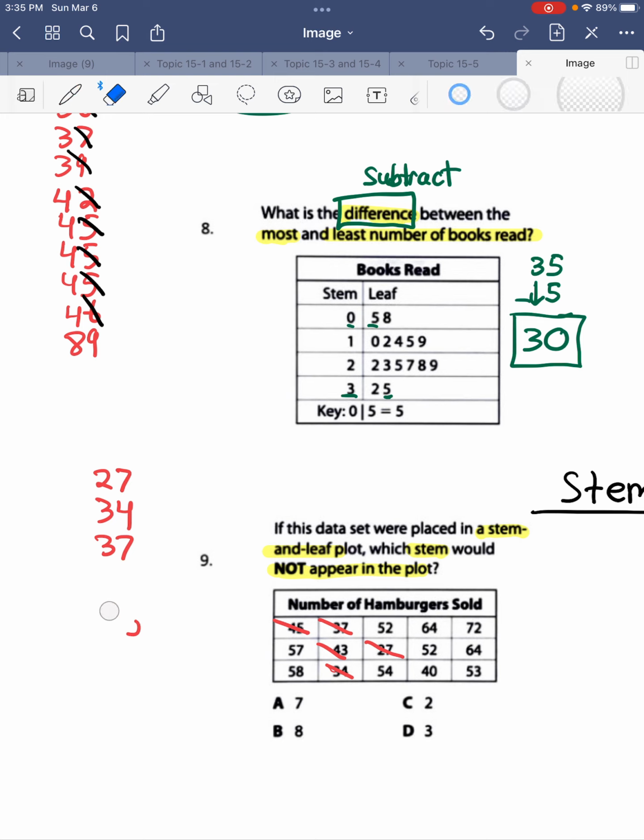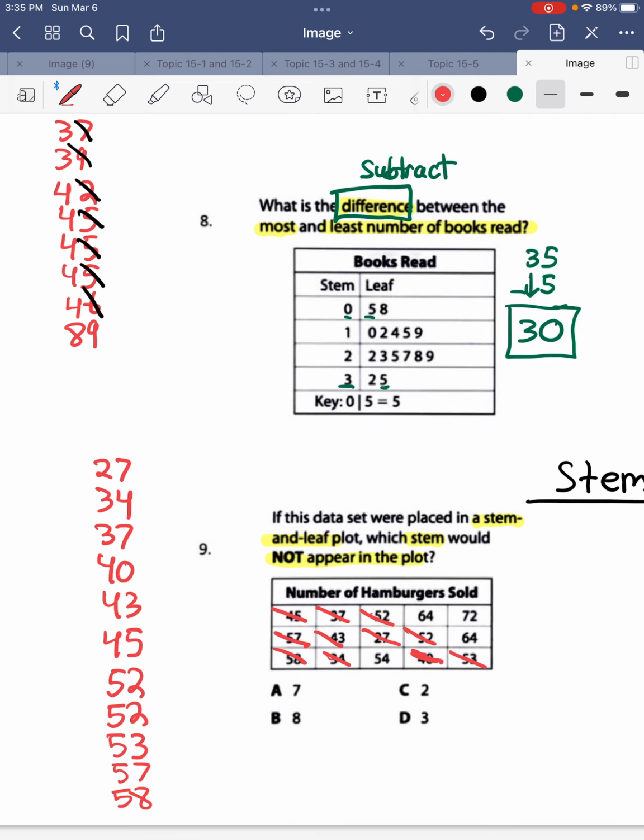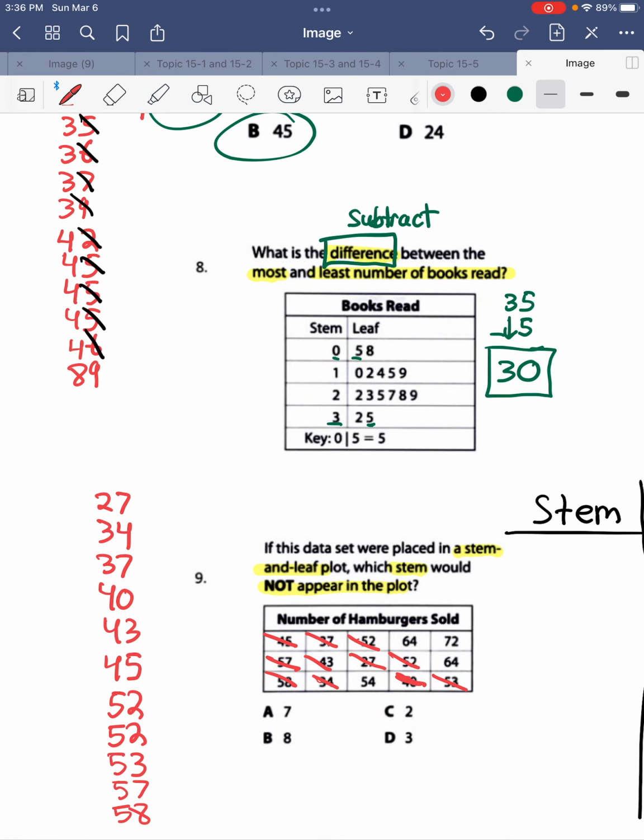It's 40, 43, 45. And then now I do my 50s. So I have 52, 52 again, 53, 57, 58, and I'll do it over here, 64, and 72.